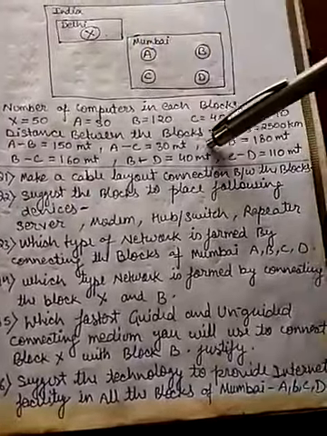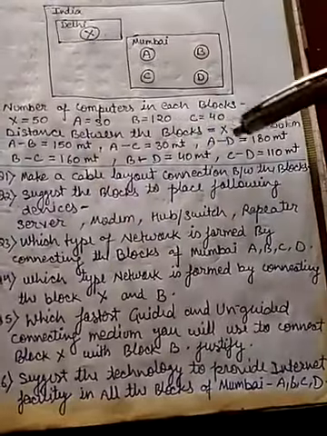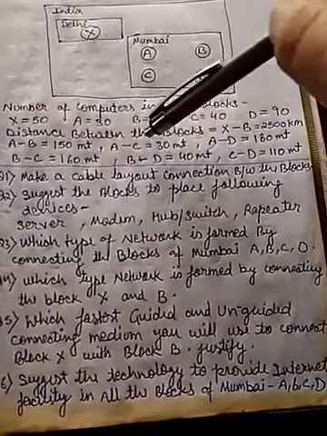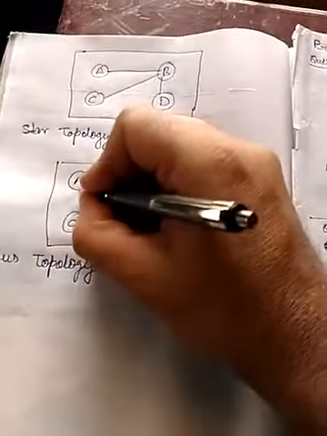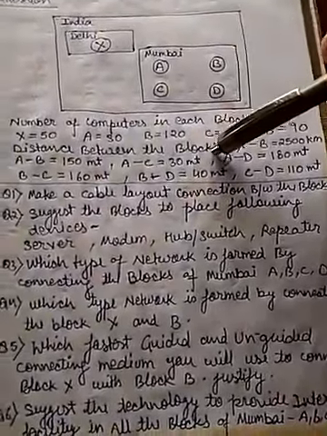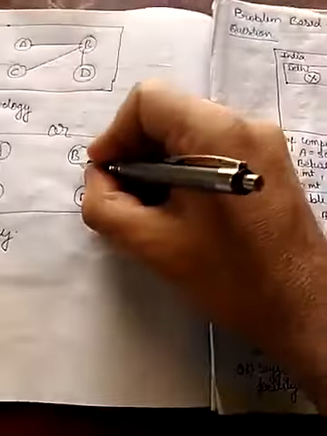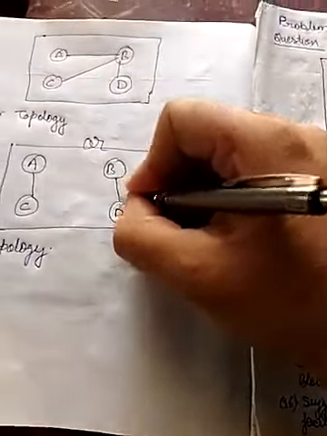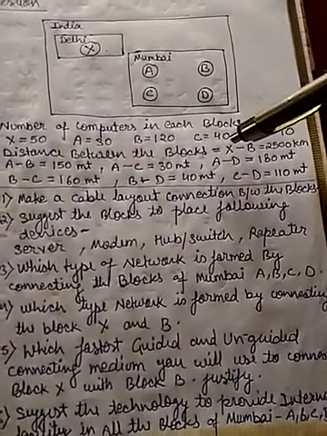First you identify which is the shortest distance in between these blocks. So from here we can find out A to C is having 30 meter. So we are connecting this A to C. Now find out the second shortest, it is B to D. So B to D is having another short one. So we have connected this. Now I find out which is having the third shortest one.